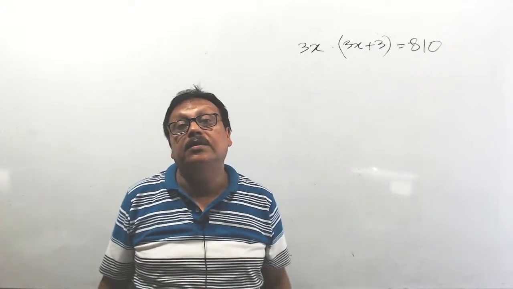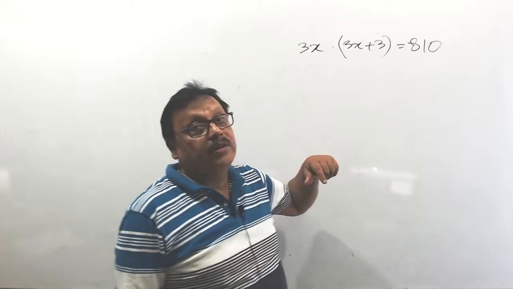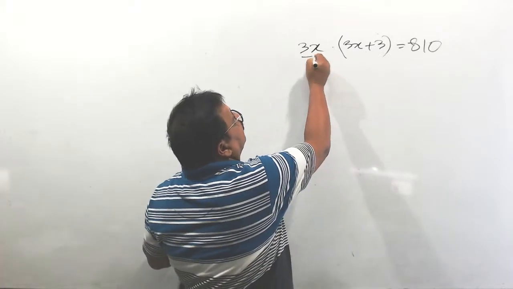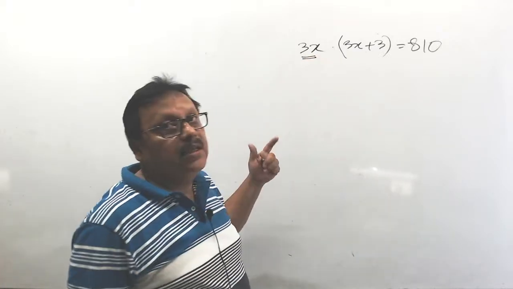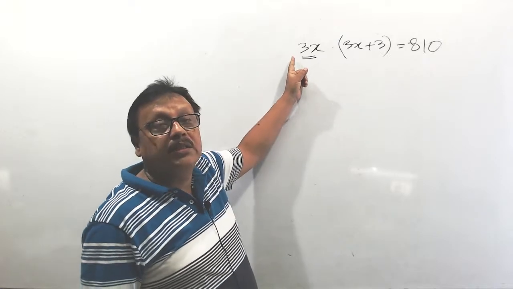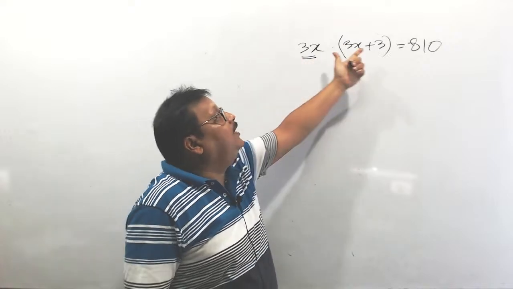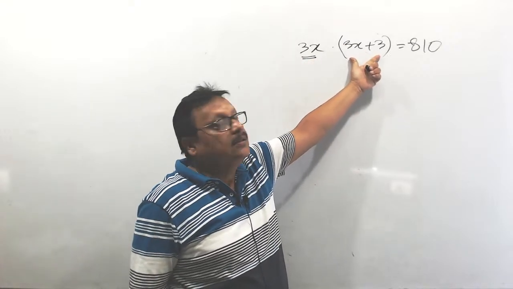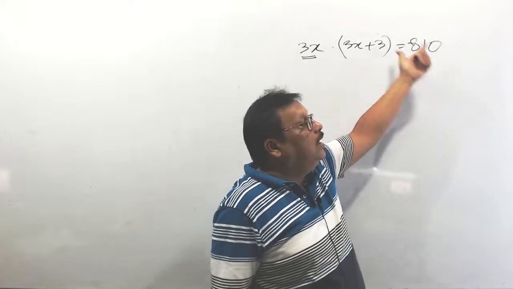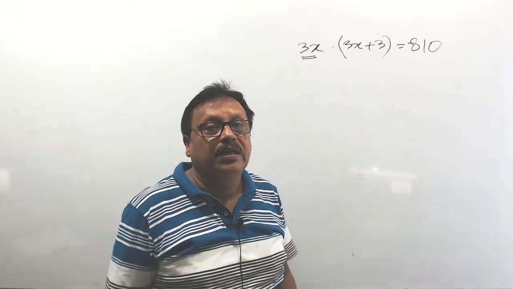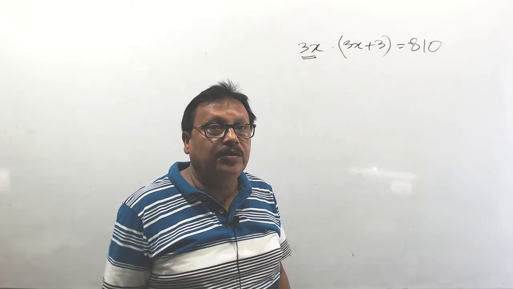Yes, product is given 810. This is a factorization. Any multiple of 3 you can consider 3x. Say x equal to 1 you are getting 3, x equal to 2 you are getting 6. Okay, the consecutive means after that again 3x plus 3. Their product is given 810. Understood?